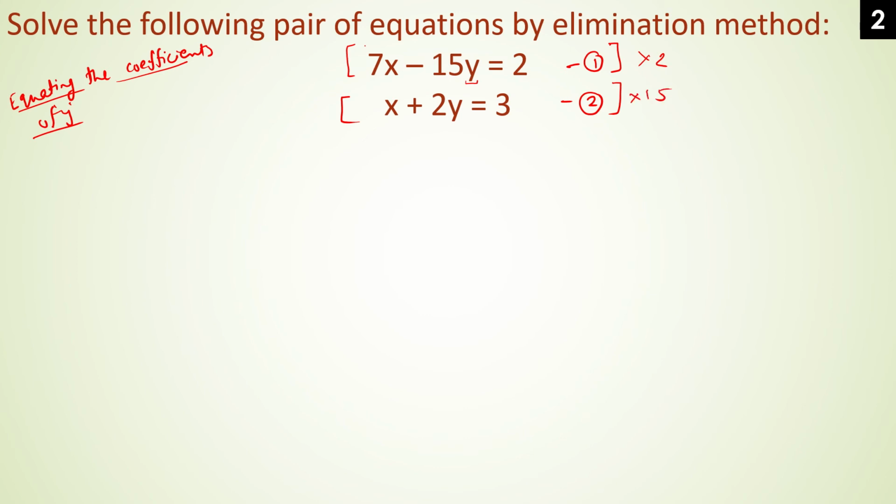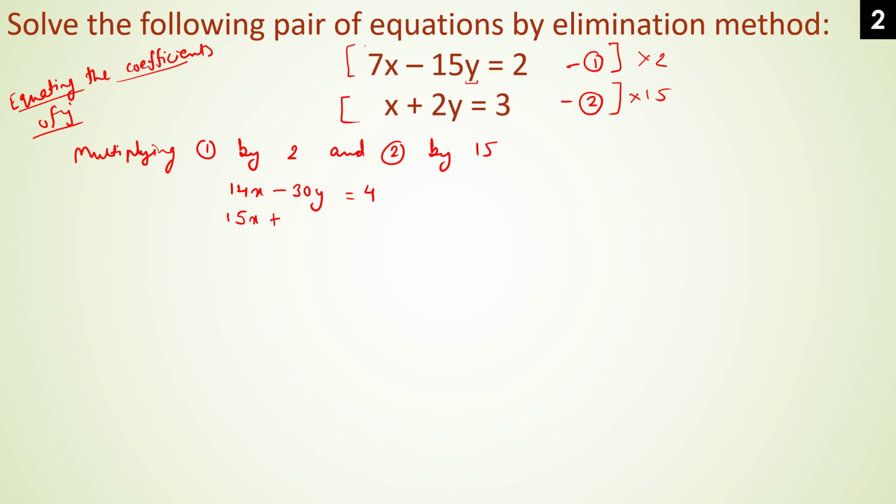So, writing it in words, multiplying first by 2 and second by 15, we get 14x minus 30y equals 4, 15x plus 30y equals 45.